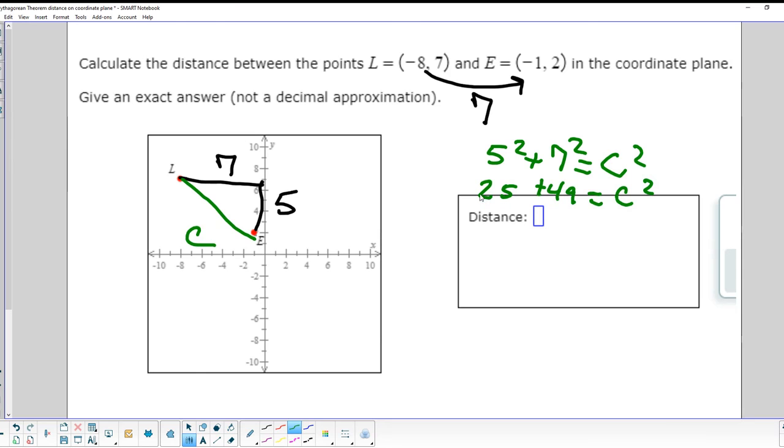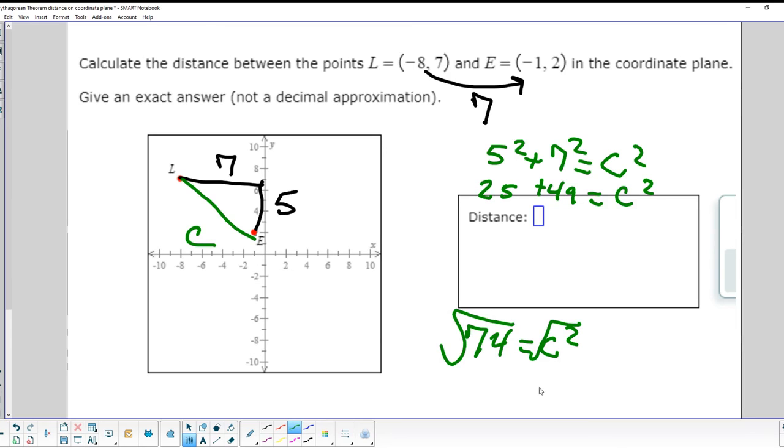So 49 plus 25. Grab our calculator. 49 plus 25 equals 74. So we're going to have a distance of 74 equals C squared. And then we have to do a square root of both sides.